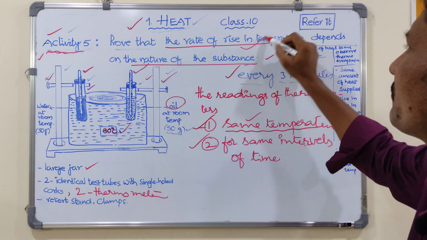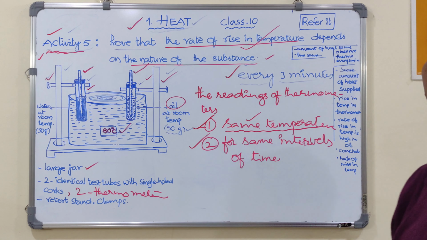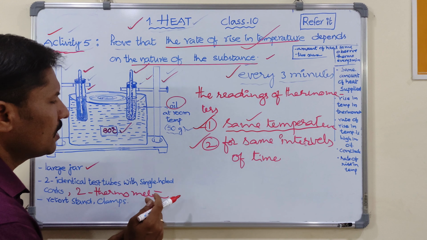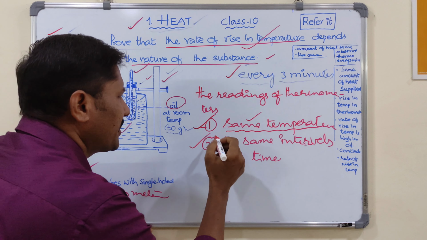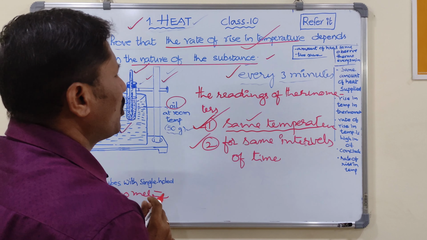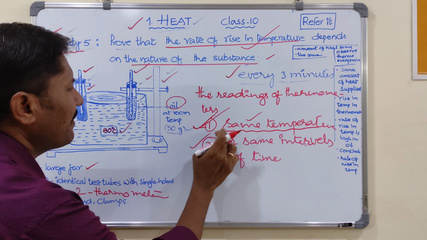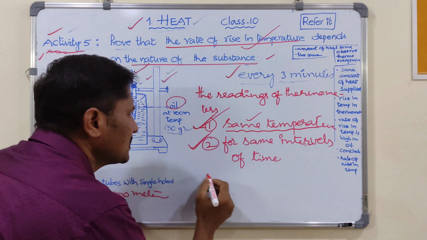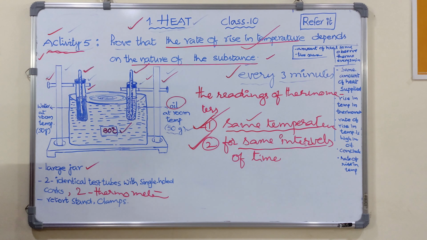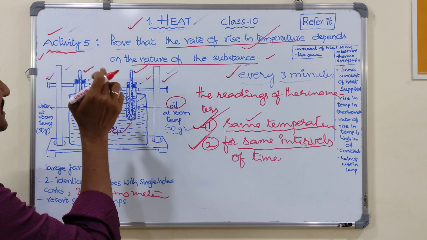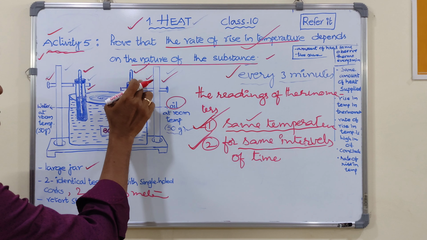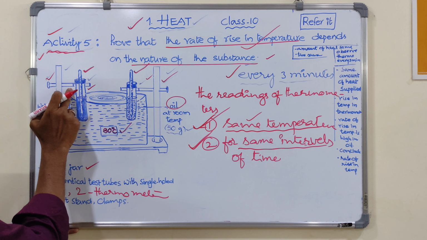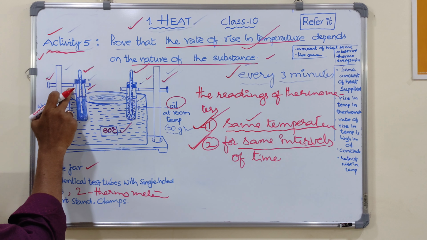Prove that the rate of rise in temperature depends upon the nature of the substance. So now we are concluding that the same amount of heat is supplied to both test tubes, and we are observing the readings for the same time interval. Why are the readings of the thermometer which is kept in oil more than that of the thermometer which is kept in water?